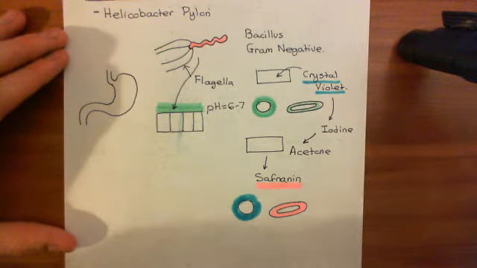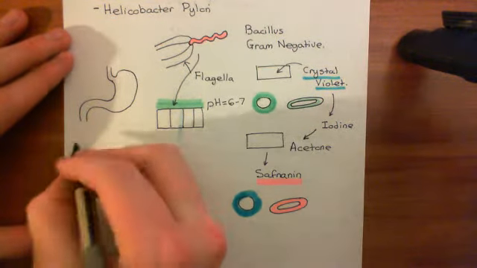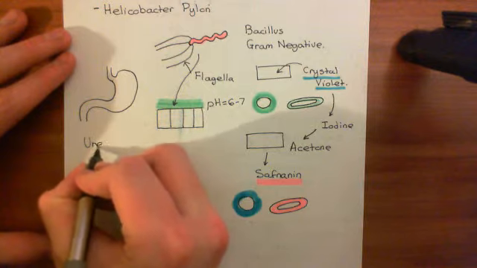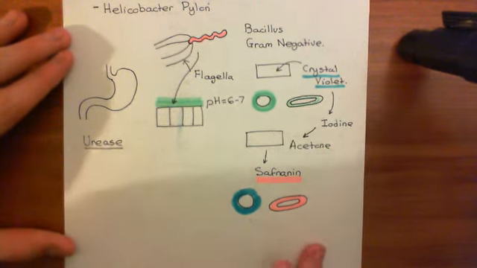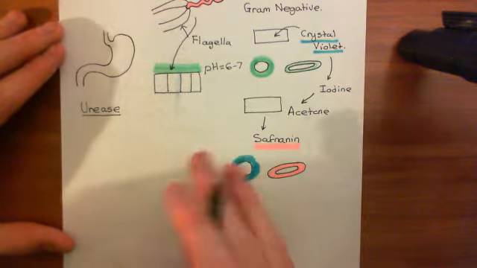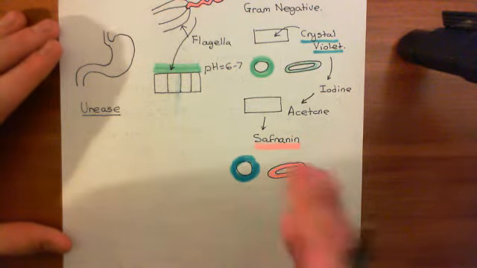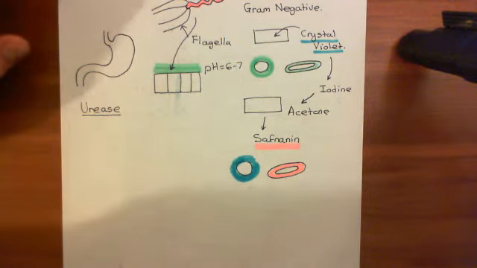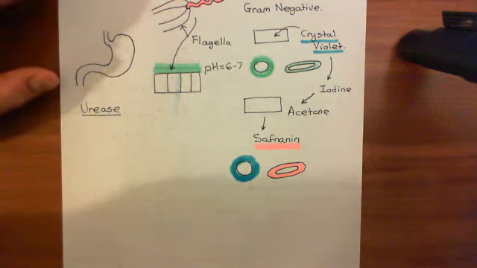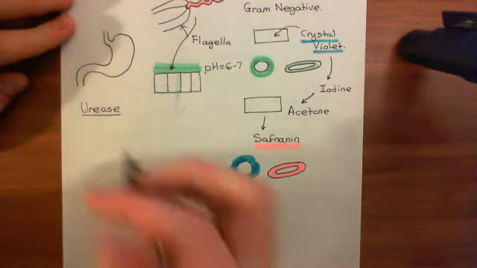It does the job better, it thinks. So what it creates is an enzyme called urease, which is going to break down urea into ammonia. And ammonia is a strong base, so it will also absorb protons. So it's going to help the bicarbonate anions, and it's going to help the Helicobacter pylori maintain a nice, comfortable pH for it to live in.